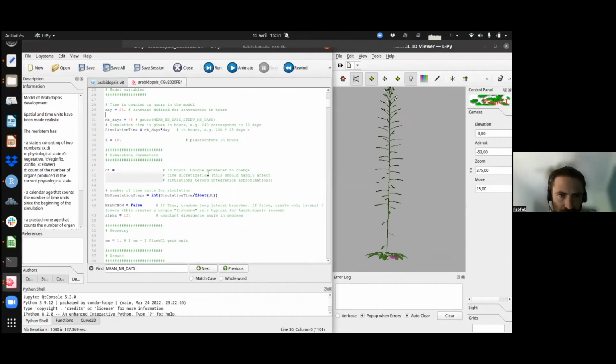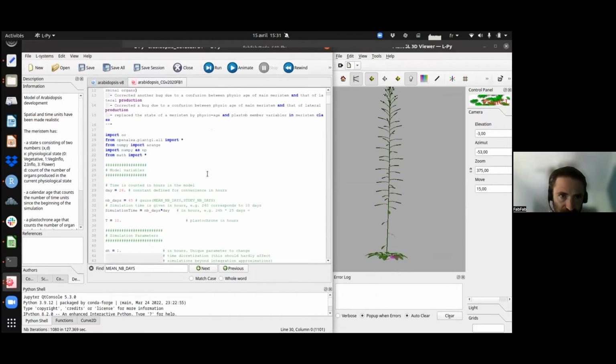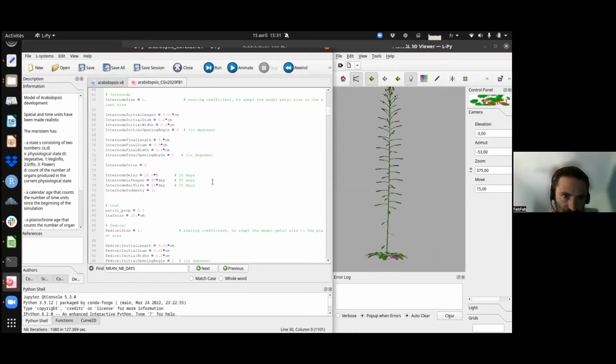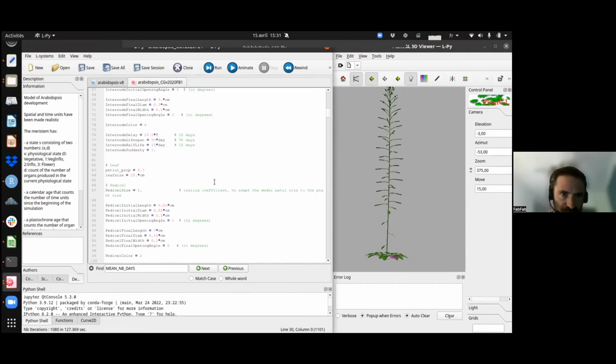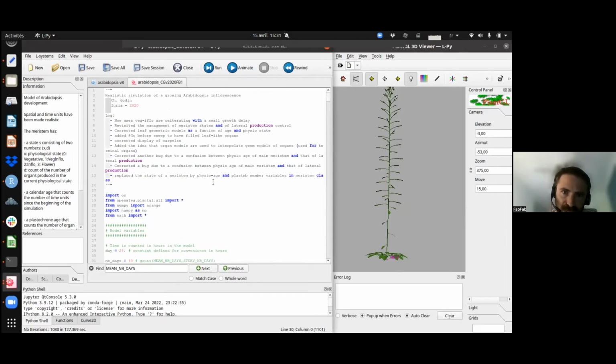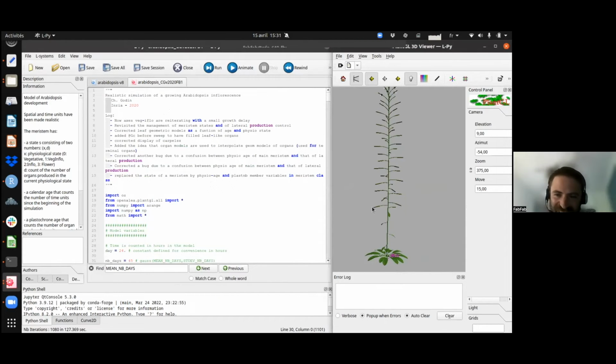So I've been through the code a bit, trying to understand how it works, trying to manipulate it. My first hello world exercise was to suppress, for example, the branching. So that's what I did today. So here I can recreate a typical fishbone as we are imaging. Okay.